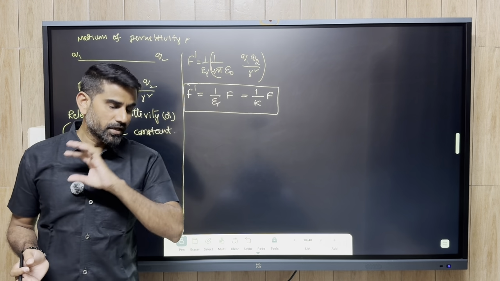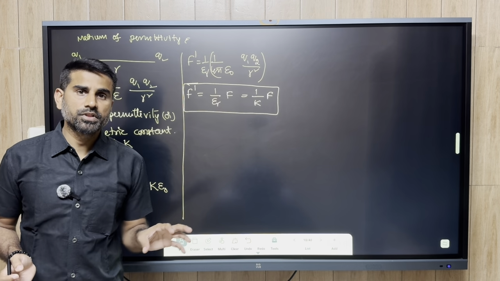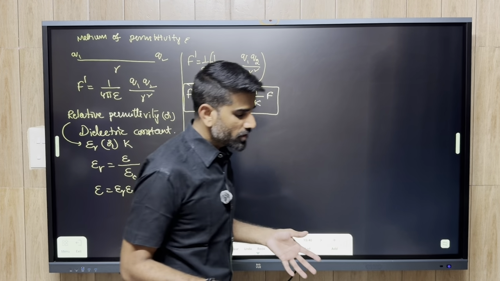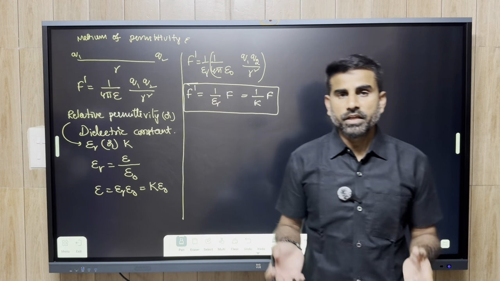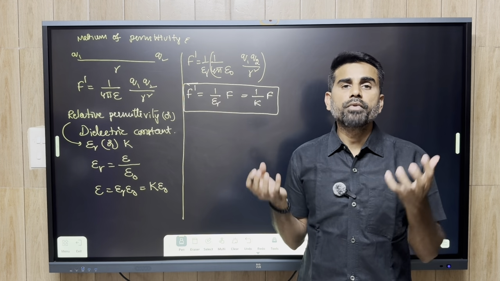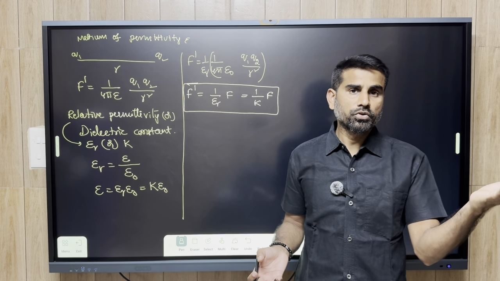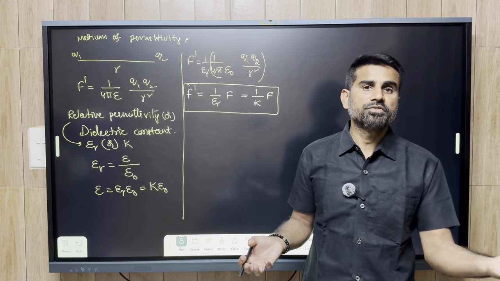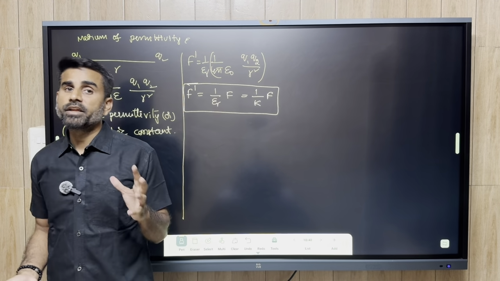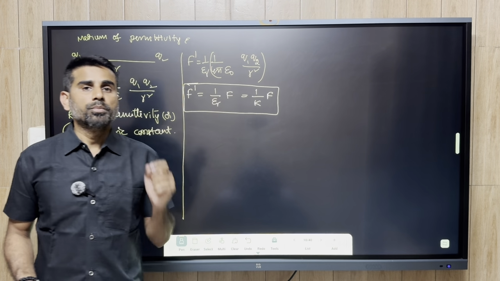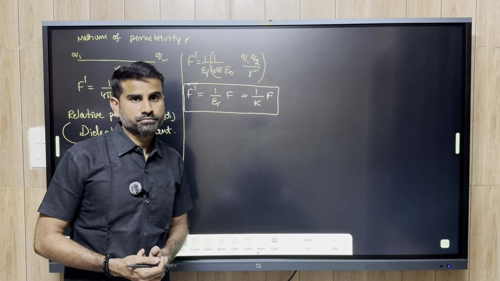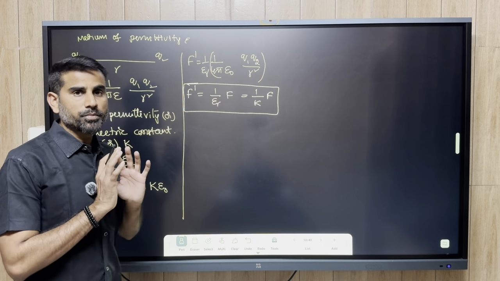If I put the charges in a medium of dielectric constant k, then the electric force between the two charges would reduce by 1 by k times compared to the force when the two charges are placed in free space or air medium. So it is completely evident that the electric force between the charges depends on the medium itself.